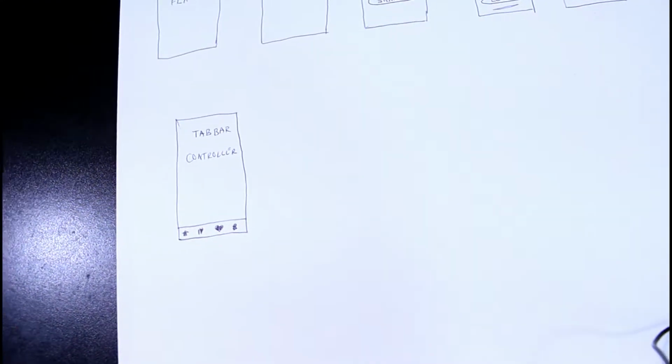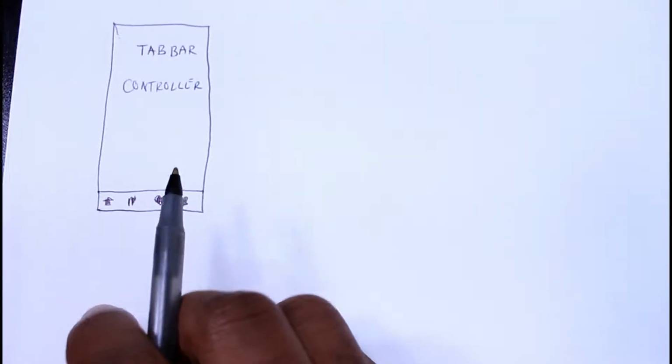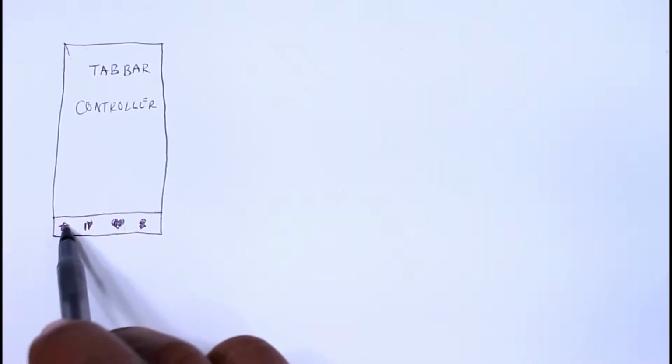All right, tab bar. So this tab bar is gonna hold the home screen, favorite, and the categories. But before we put those screens in the tab bar, after we put those four view controllers in the tab bar, for instance, this home is gonna be a table view controller.